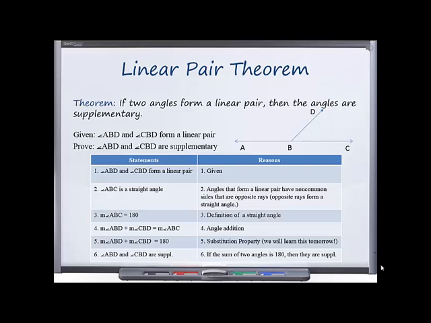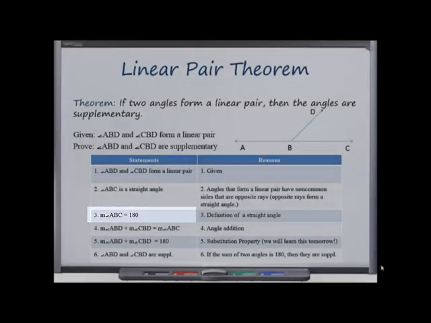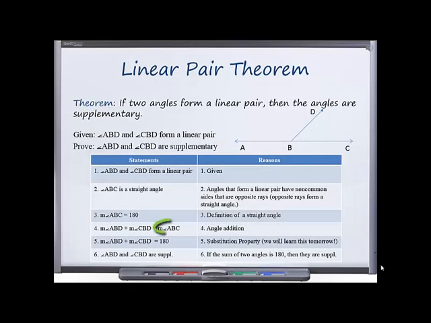Then we're going to use a property that we actually haven't seen yet, but it is pretty logical. Look back up at statement 3, which says that the measure of ABC is 180 degrees. And in step 4, we have the measure of ABC on the right side. So if the measure of ABC is 180 degrees, we could substitute 180 degrees anywhere we see the measure of ABC, and vice versa.